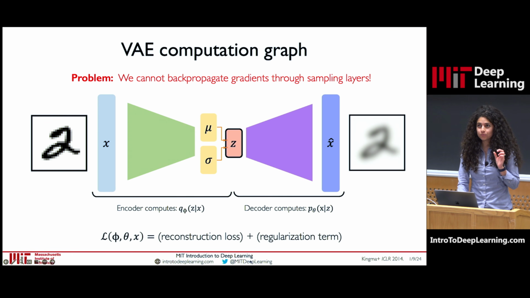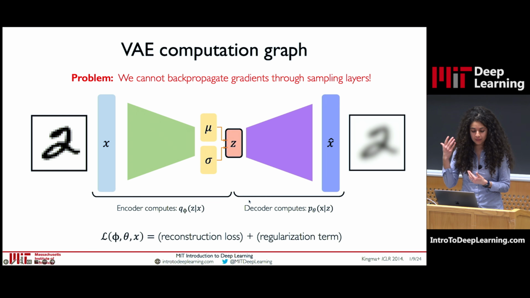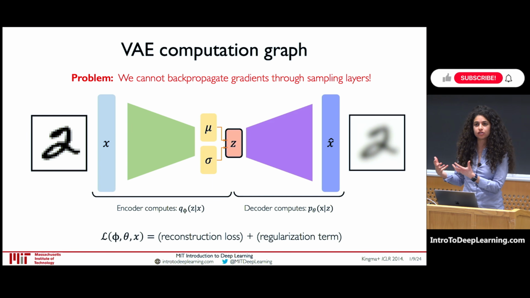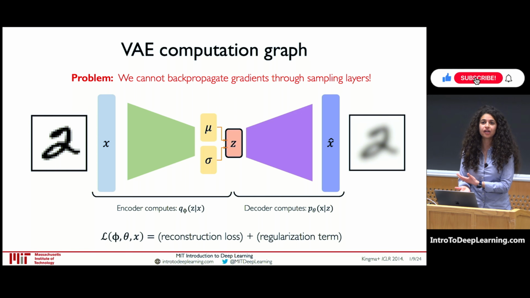There's a problem, though, and a little bit of a nuance here, in that by introducing this notion of sampling and the mean and standard deviation terms here, it's not immediately clear. We don't have a direct solution of how we can backpropagate gradients when we want to capture something probabilistic.